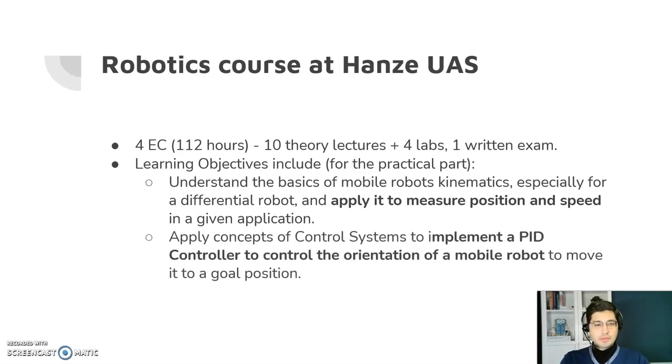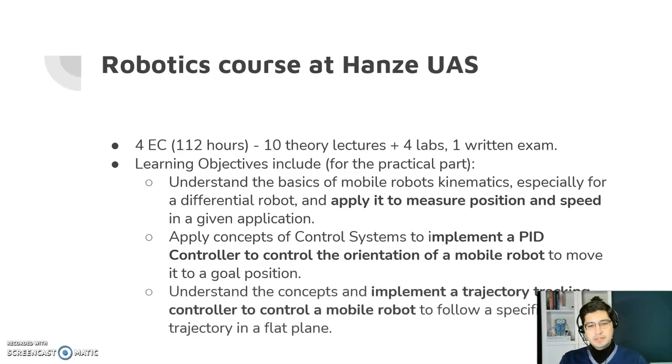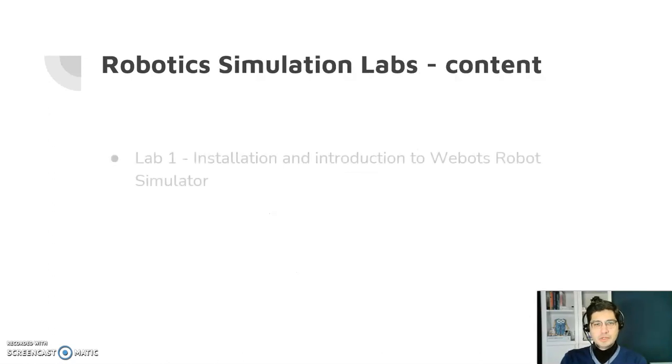It also includes applying concepts of control systems to implement a PID controller to control the orientation of the robot, and to understand the concepts to implement a trajectory tracking controller to control a mobile robot to follow a specific trajectory in a flat plane. It's not mentioned there, but we also include a part where we discuss the implementation of state machines.